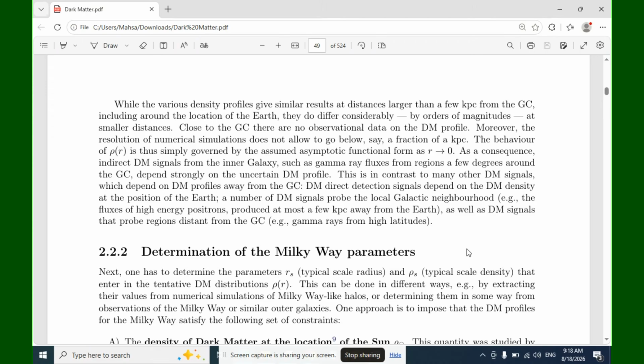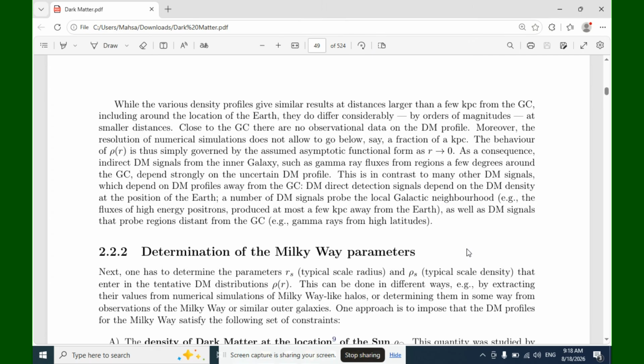The behavior of rho of r is thus simply governed by the assumed asymptotic functional form as r tends to zero. As a consequence, indirect dark matter signals from the inner galaxy, such as gamma ray fluxes from regions a few degrees around the GC, depend strongly on the uncertain dark matter profile.